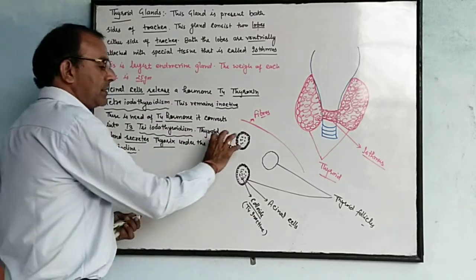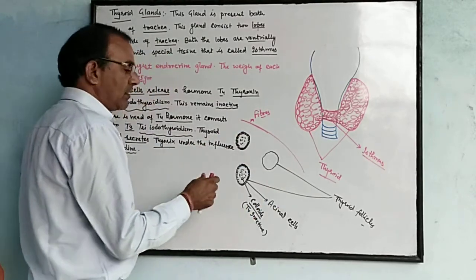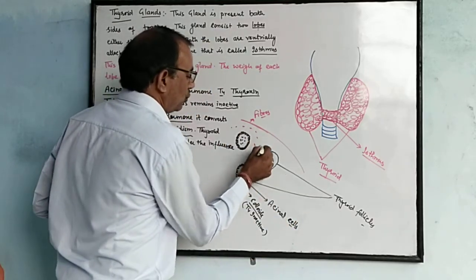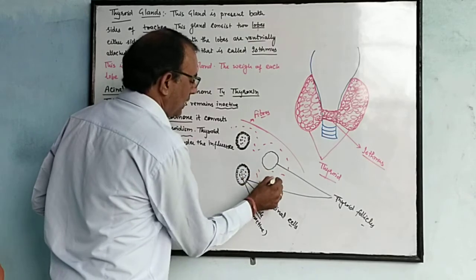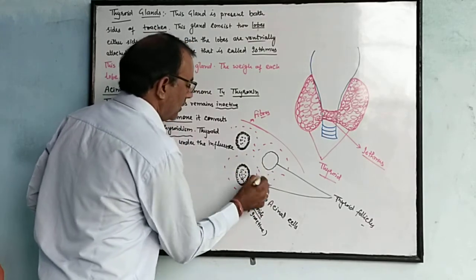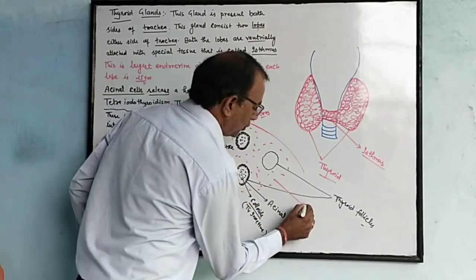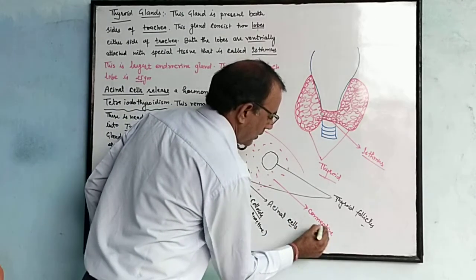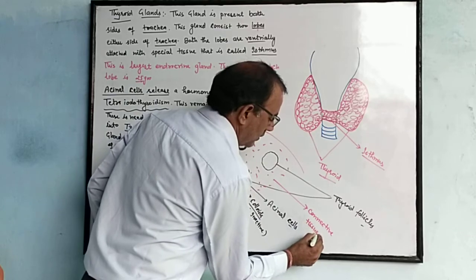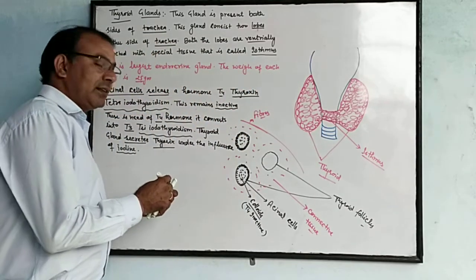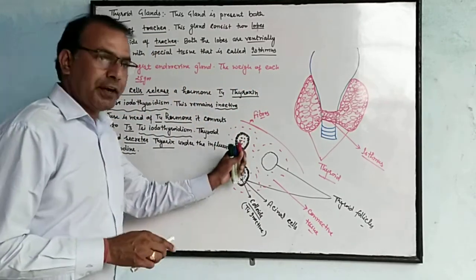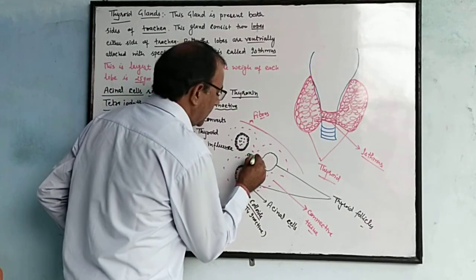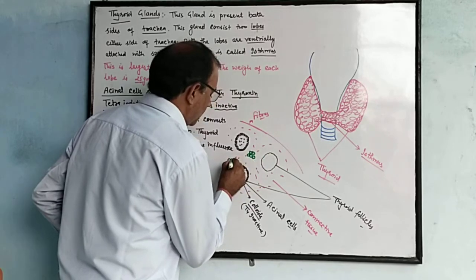Clear? These acinar cells, meaning the thyroid follicles, are attached with a special tissue, and this tissue is known as connective tissue. There are some other special cells also present in the connective tissue.